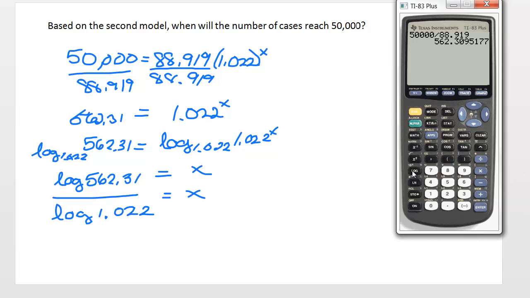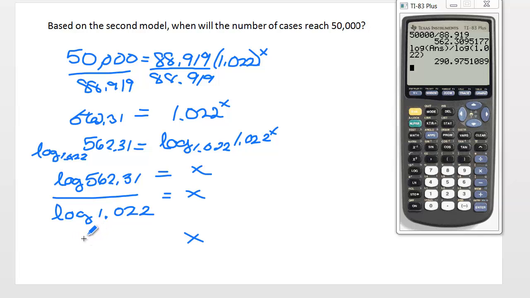So we will take the log of our previous answer, second of the negative sign, and we will divide that by the log of 1.022. And by not clearing out our calculator, or by using the answer that was previously given, we will not have any rounding errors here. And our answer is 291 days.